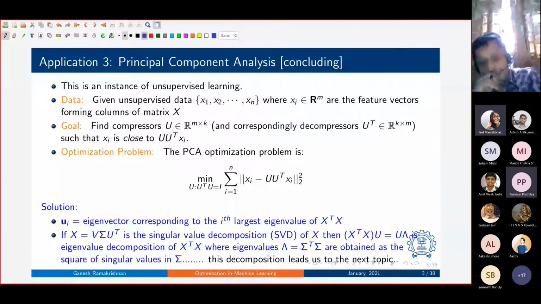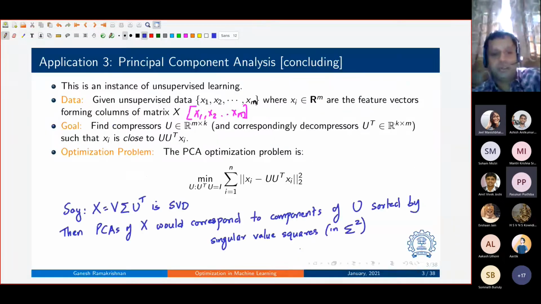This actually leads us to the next topic as well. If you have any questions, let me know. We haven't tried to prove much, just used linear algebra to present some insight into the behavior of singular values for X vis-a-vis the eigenvalues for X transpose X, which captures the covariance. That's important, so I'll just highlight that point.